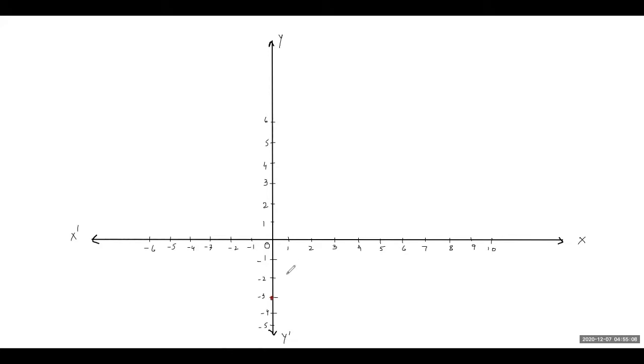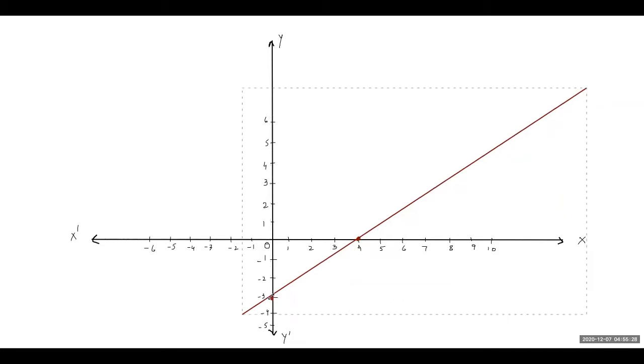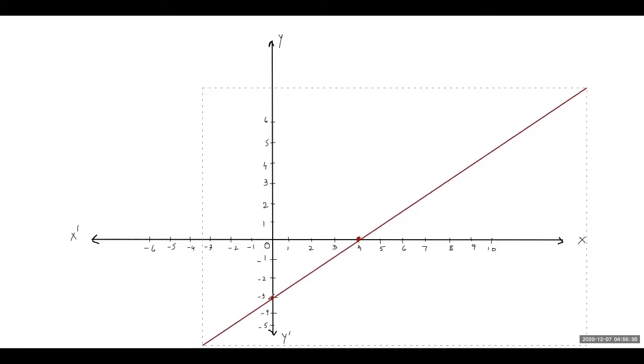And then the second point is x equals 4 and y equals 0. Here it is. Join these two with the help of a straight line. This is it. I'm extending this line over to this side. Put arrowheads on your line.